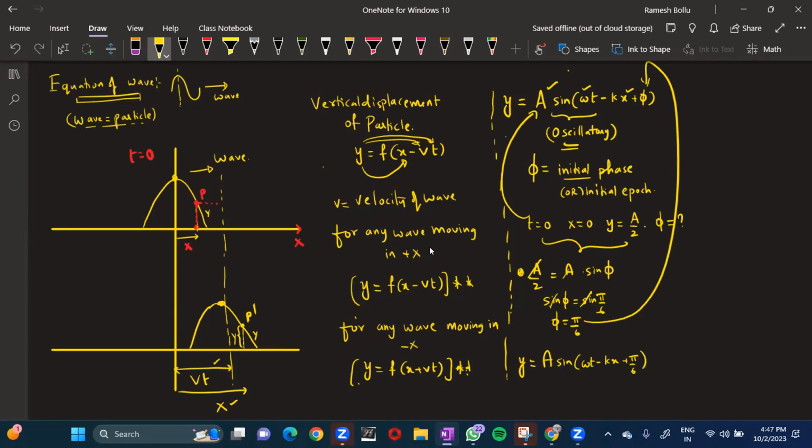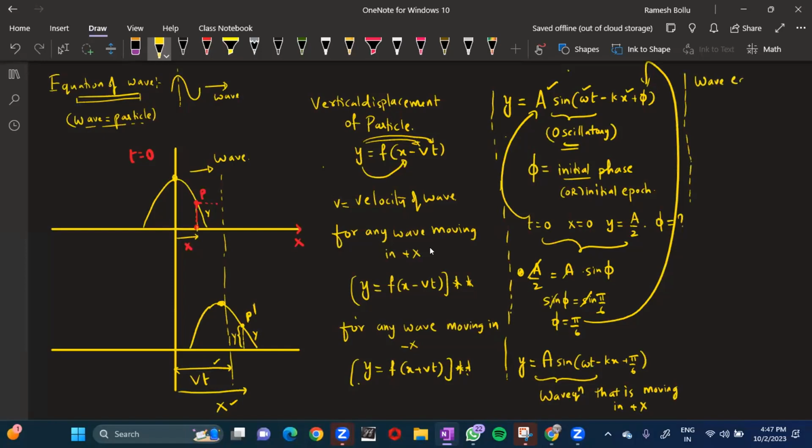Understood? This is called the wave equation that is moving in the positive x direction. That is moving in which direction, children? Positive x direction. Then how can we write the wave equation that is moving in the negative x direction, children?